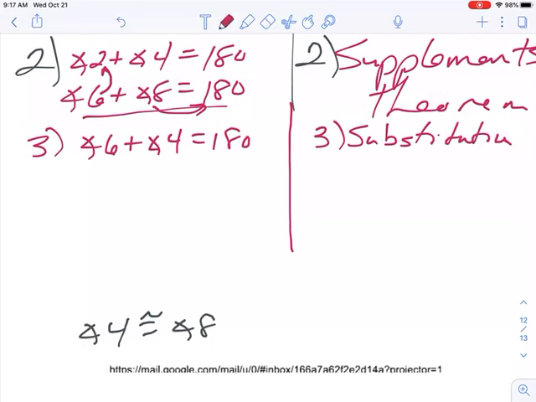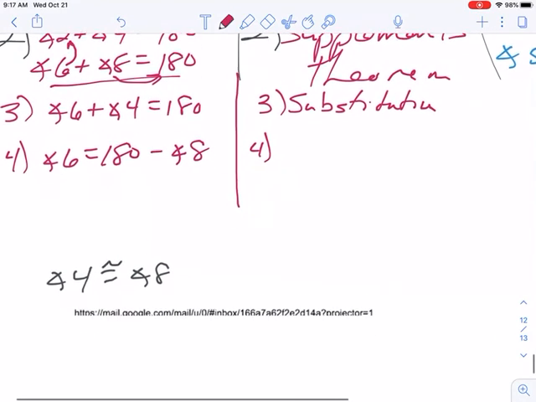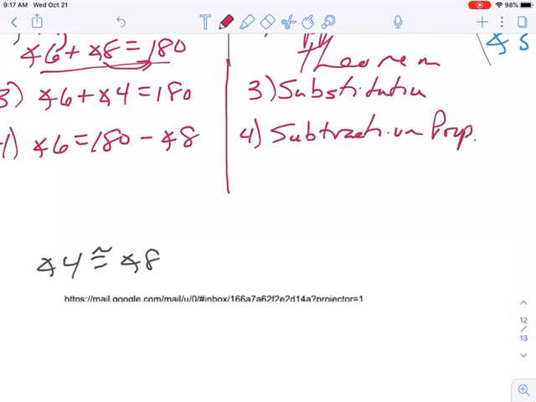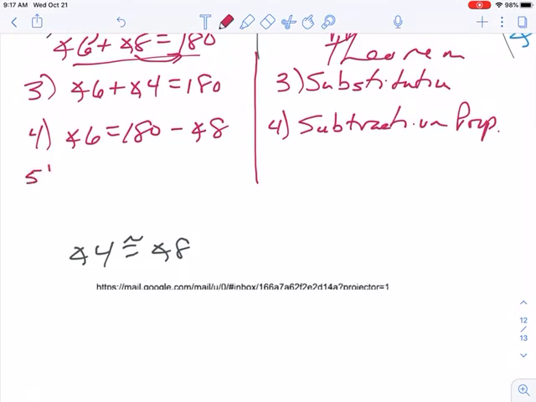Okay, so I have angle 6 equals 180 minus angle 8. Okay, that is the, what did we do? Subtraction property, number 5.